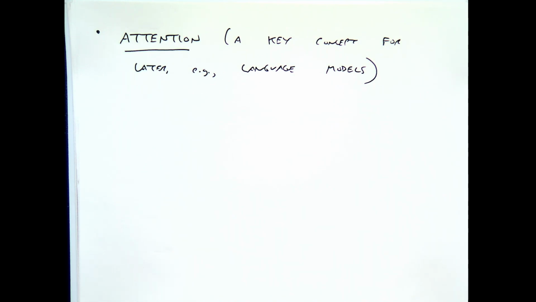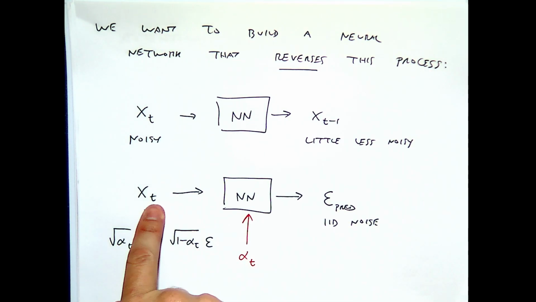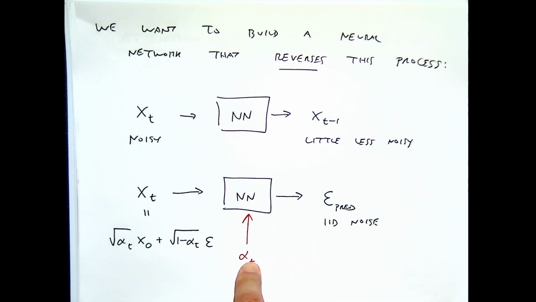But the main thing I want to draw from attention for this lecture is that one thing we're doing in this network that we haven't done before is that the input to the network is not only this input image, but also this scalar number, right? So a key idea is, how do we make the influence of that scalar sizable on what the network does?